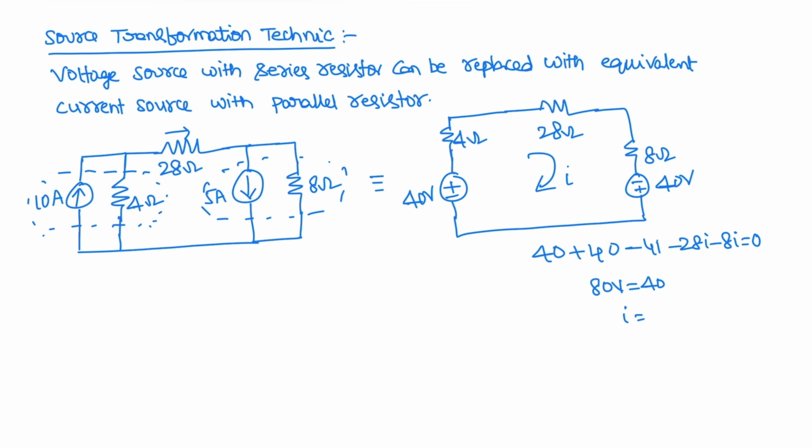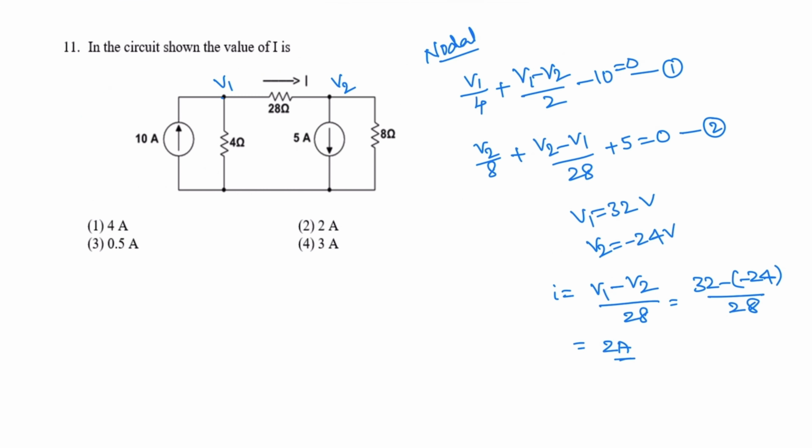So current I is 80 by 40, so its value is 2 amperes. So by the source transformation technique the answer is 2 amperes, and by using nodal analysis directly the answer is also 2 amperes. So current is 2 amperes, correct option is 2.